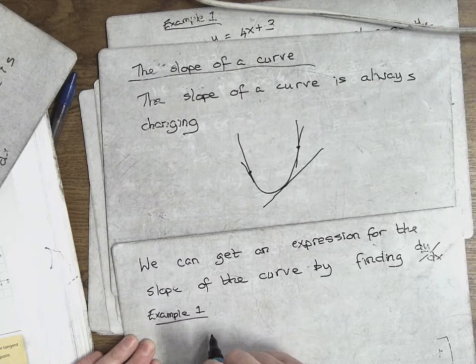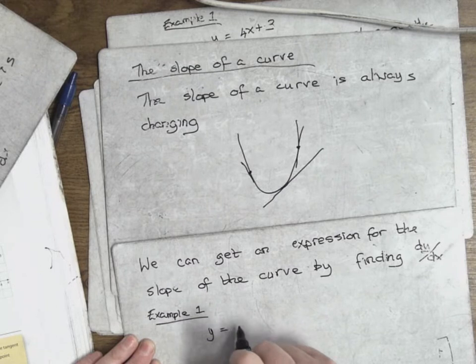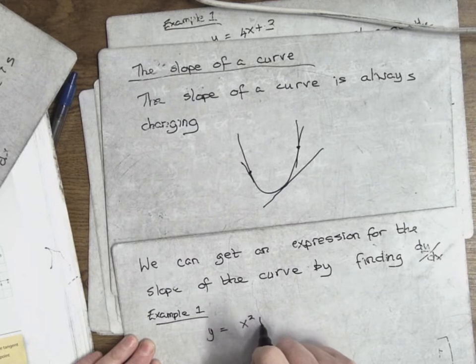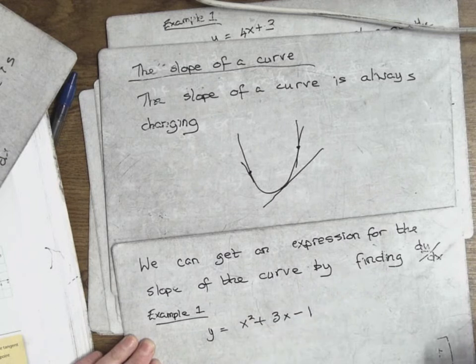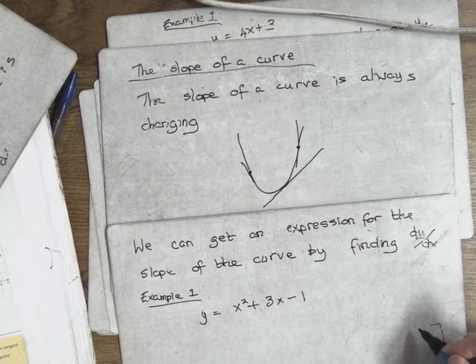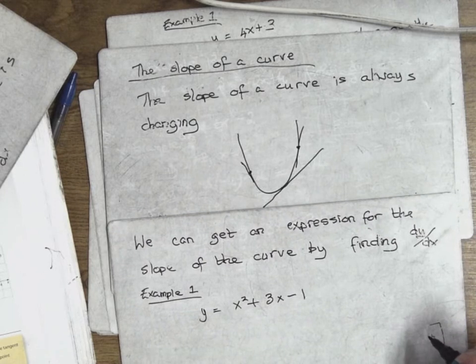If we have a curve y equals x squared plus 3x minus 1. There's a curve. It's a happy face, because it's got an x squared term, that means it's a smiley face curve.